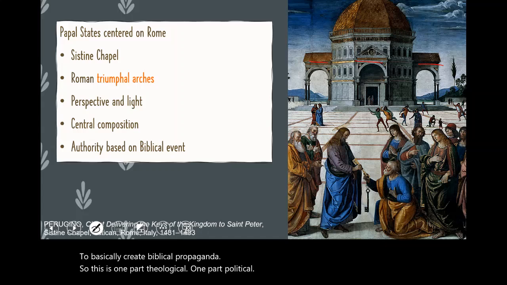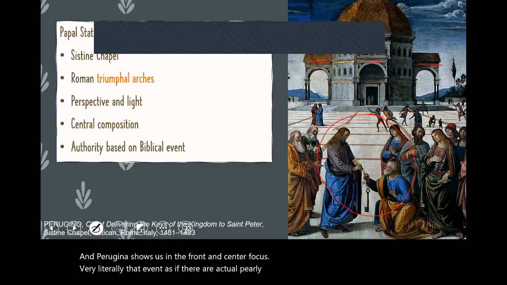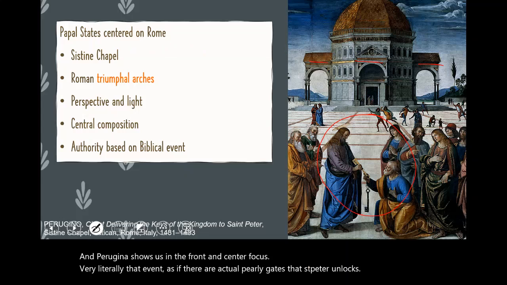The Pope's authority in Roman Catholic tradition is based on the resurrected Christ giving Peter, Saint Peter, head of the disciples, the keys to heaven. And Perugino shows us in the front and center focus, very literally, that event, as if there are actual pearly gates that St. Peter unlocks for people to get into heaven.